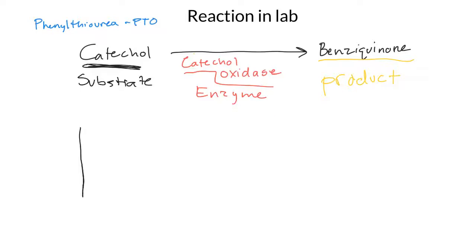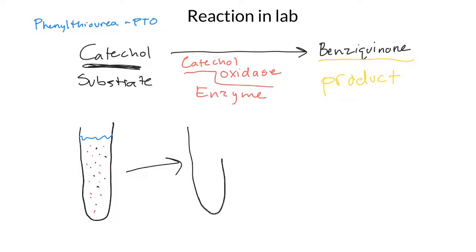So when you took a test tube and you put in catechol and you put in the potato extract, what happened? You guys remember? Yeah, it changed yellow, right? Because benzoquinone has that yellow color.